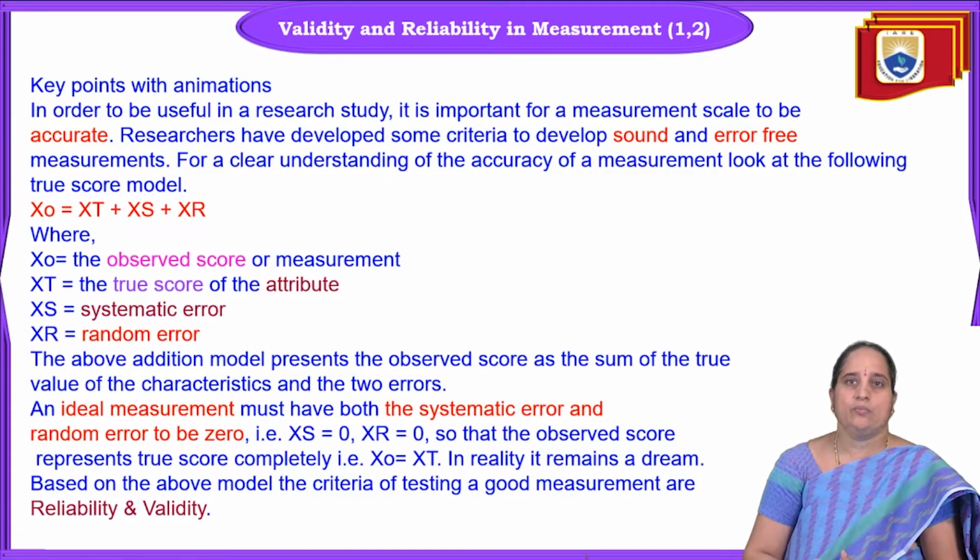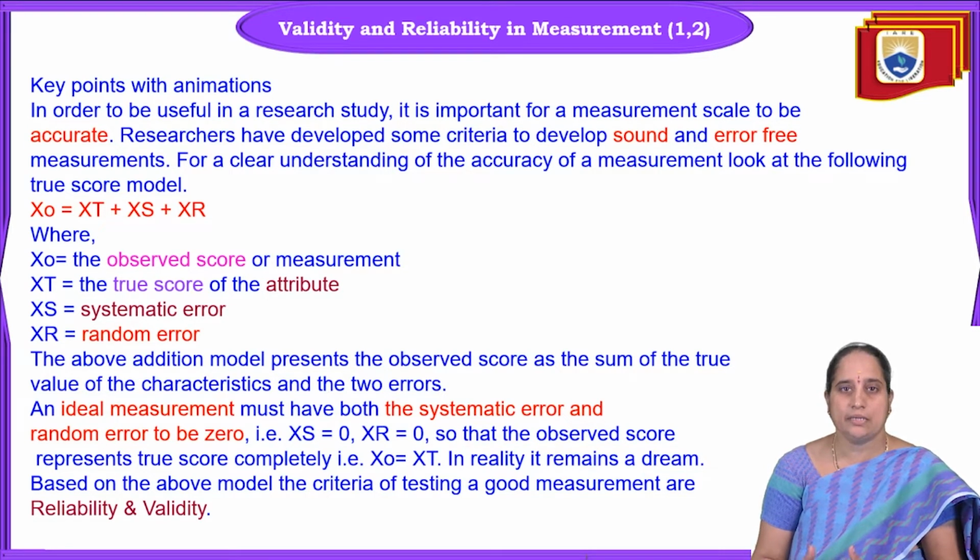That is why researchers developed criteria for sound and error-free measurements. After data collection and organizing, we need to categorize the data into relevant and irrelevant. Only relevant data we consider for analysis, and irrelevant data we omit.